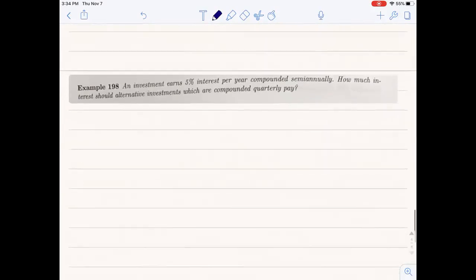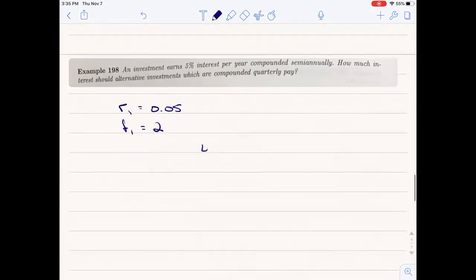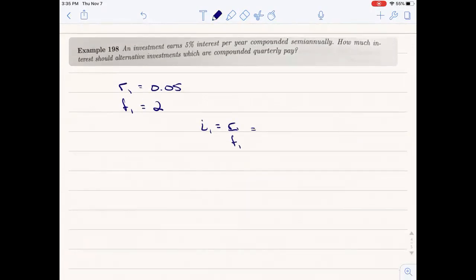R1 is 0.05. F1, the initial frequency, is semi-annually, so that's 2. I1 is still R over F, R1 over F1, which is 0.05 over 2, 0.025.